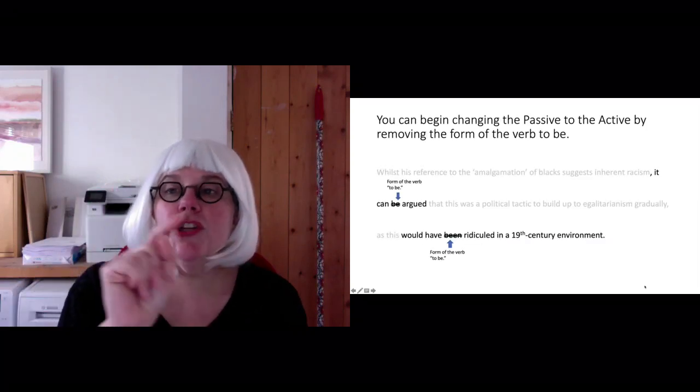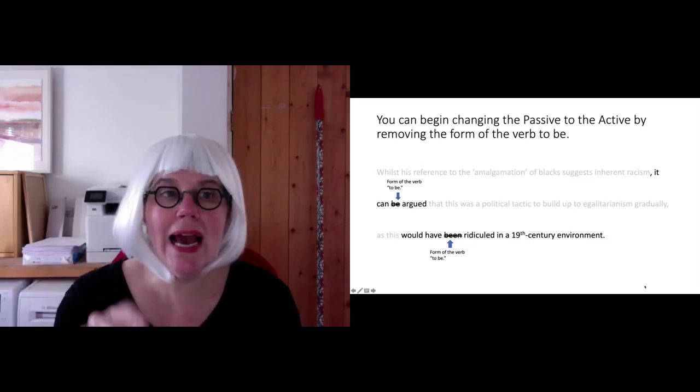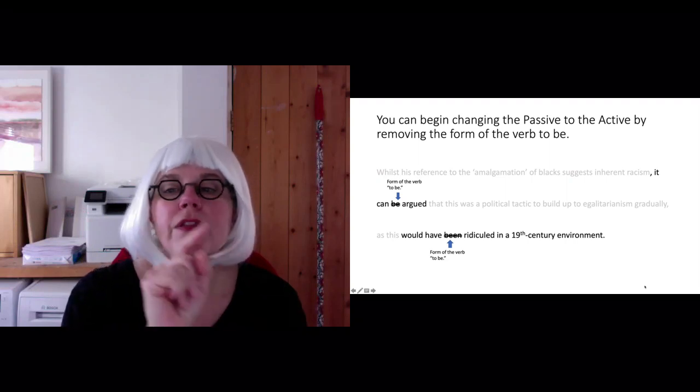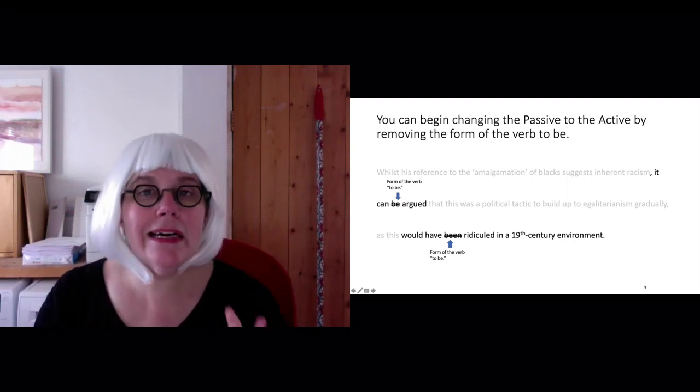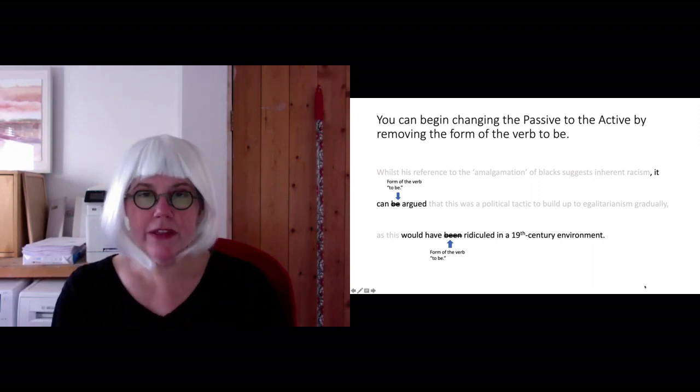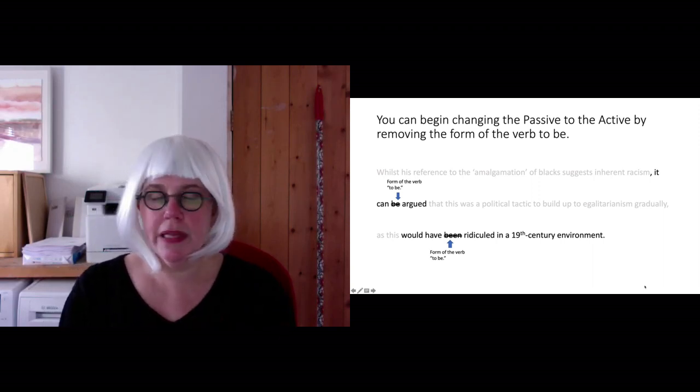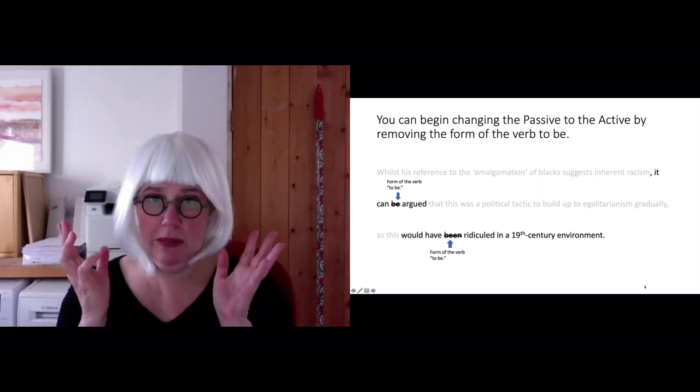You can begin changing the passive to the active by removing the form of the verb to be. So, in a construction, and I want to repeat this because now I'm afraid that everybody's going to be like, I need to get rid of all my forms of the verb to be.